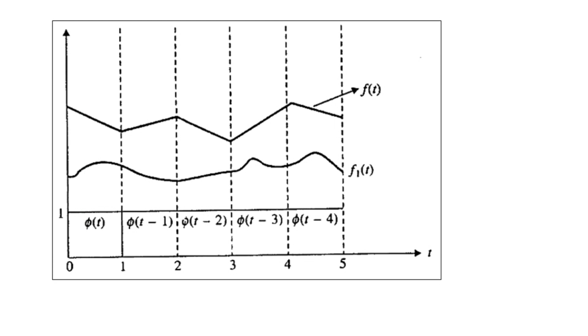In this illustration we have 2 signals. The specific time intervals are 0 to 1, 1 to 2, 2 to 3, 3 to 4, 4 to 5, where the constant amplitudes, denoting the translated versions of the scaling function, are shown here. The original scaling function phi of t is at the bottom, next to that phi of t minus 1, phi of t minus 2, phi of t minus 3, phi of t minus 4, and so on.